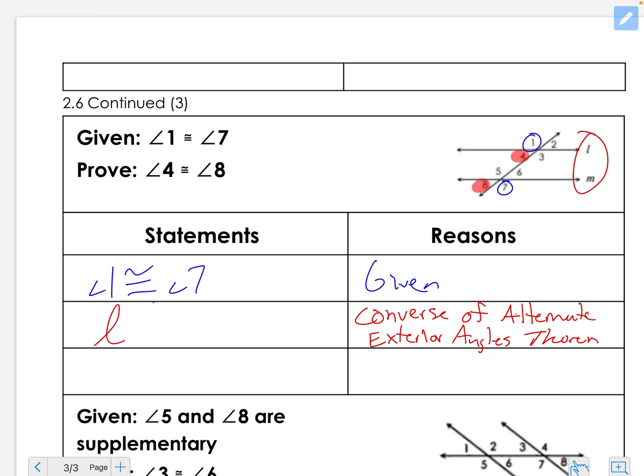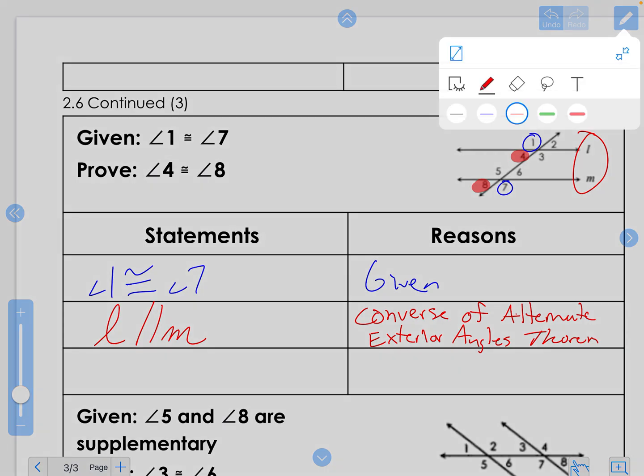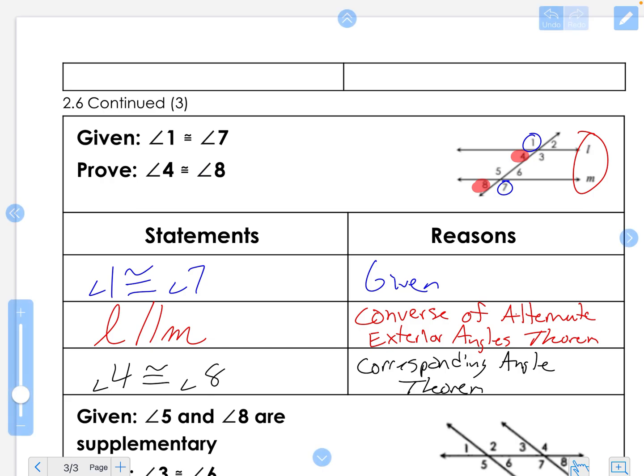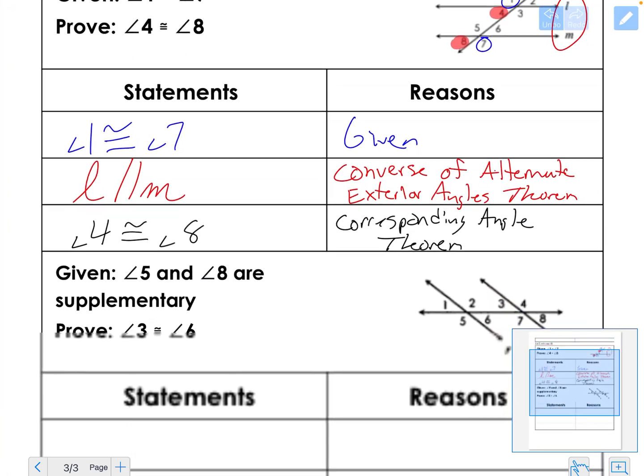And so that's going to tell me that L is parallel to M. Now that I know that L is parallel to M, I know that angle 4 is congruent to angle 8 because of my corresponding angles theorem. So to prove that L and M are parallel, I have to use the converse. But once I know that L and M are parallel, I can just use the regular theorem because I already know that the lines are parallel.